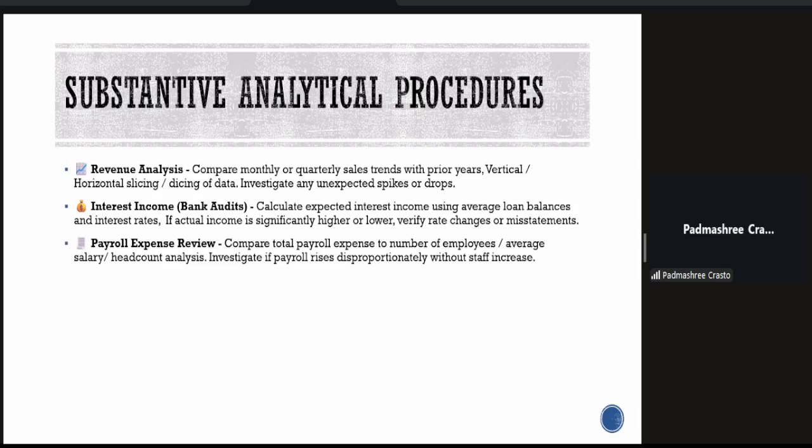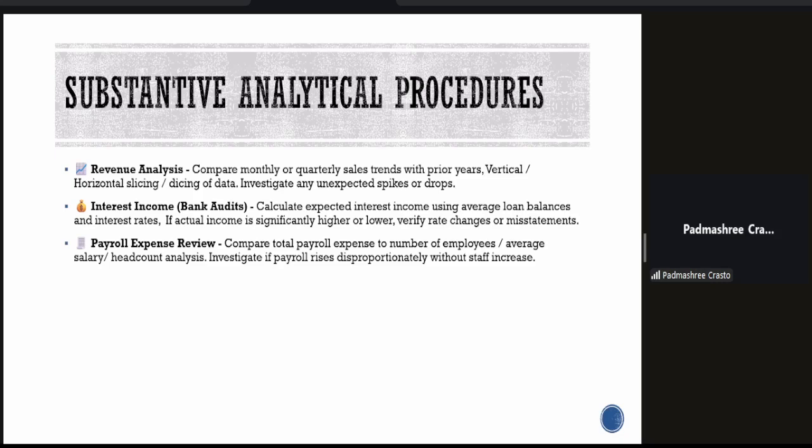Payroll, one of the areas where minimum substantive procedures or minimum test of detail is required, because you can compare the total, you can do analysis of monthly payout, you can actually do a deductions analysis, you can do a component wise analysis like HRA, TA and things like that.